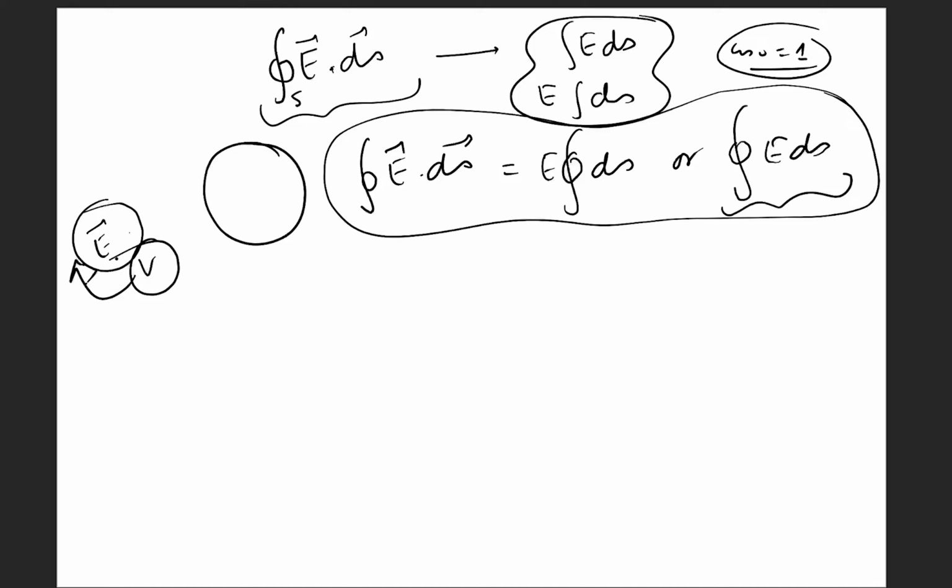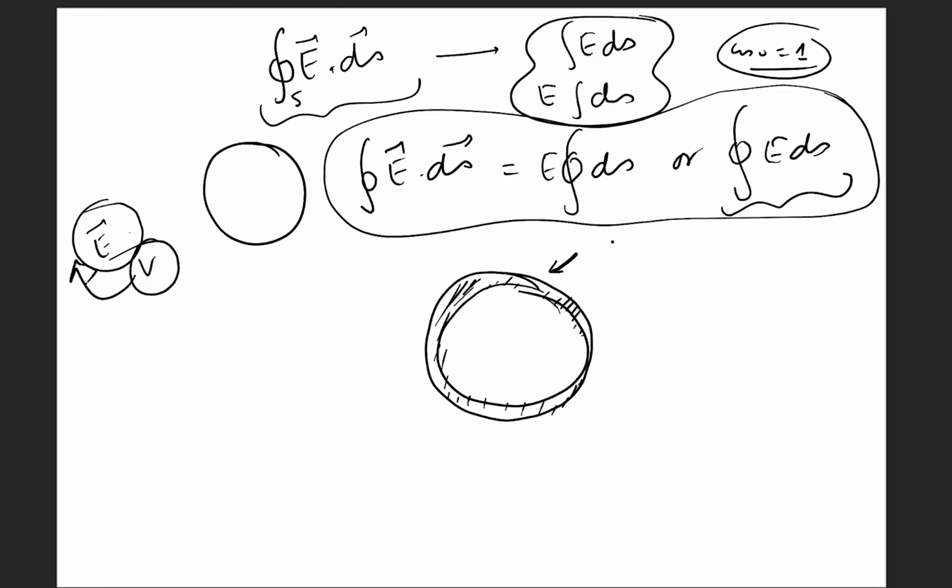So let us now first solve a simple example of a case when there is a spherical shell, that is, a sphere which is empty. Let us say this spherical shell has a uniform surface charge on this surface.